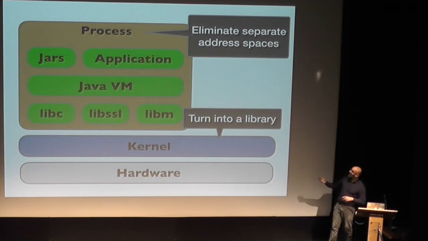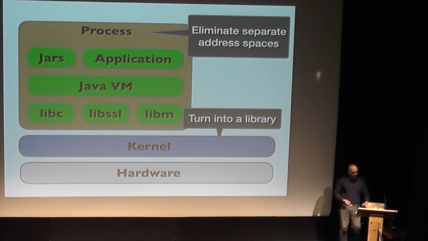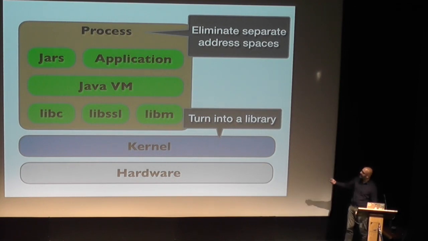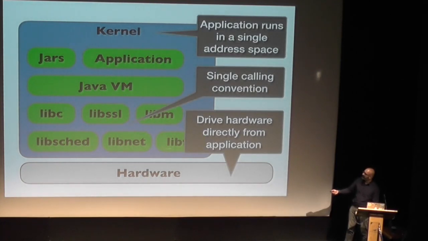So a library operating system eliminates by default the notion of address spaces as an enforcement of isolation. And it makes the hardware available to the application to use as it sees fit, because the hardware is now free. And it turns all of that into a library. So this application now becomes a single kernel driving the hardware directly, where the kernel is now transformed as well into different bits of libraries.